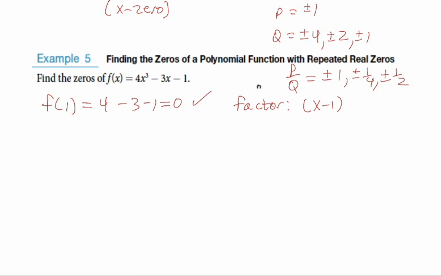If I have the option to use synthetic, I just think it's a little easier. So I'm going to put 1 in the corner. I'm going to use my coefficients of 4. Now there isn't an x squared, so you have to put a 0, negative 3, negative 1. So those are my coefficients. And then let's build our box.